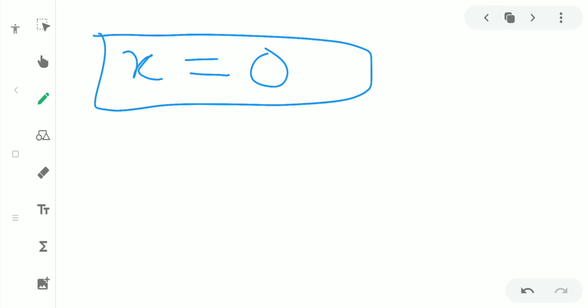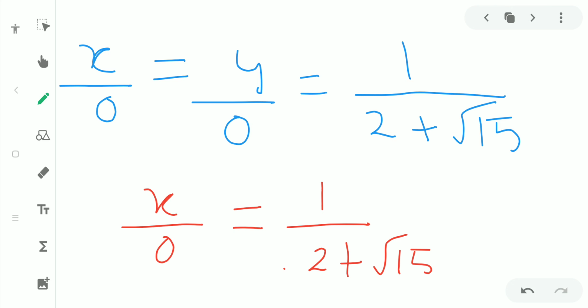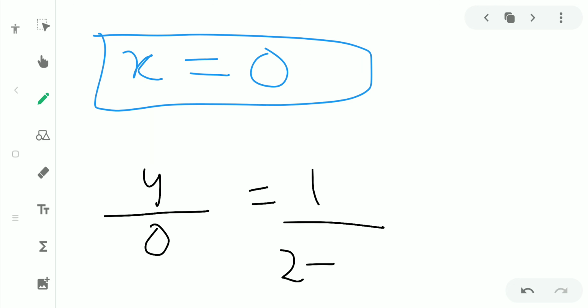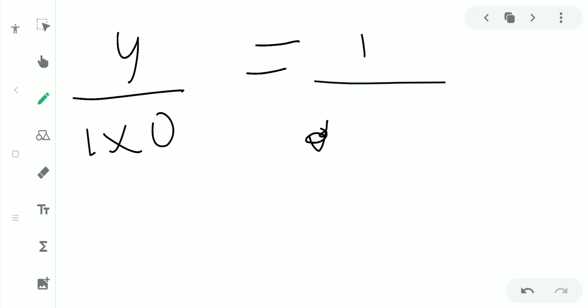So let us get the y in the same format. Y by 0 is equal to 1 by 2 plus root 15, which is equal to, as I have said for the x, same way, y by 1 into 0 is equal to 1 by 2 plus root 15.